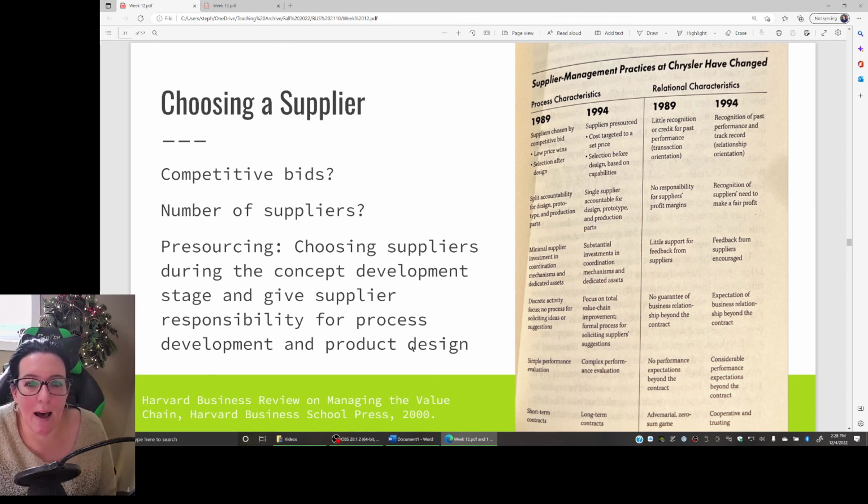Then they had systems that were much more relation-based in terms of the supplier, much more like the Toyota production system in terms of that collaborative process. And so if you compare 1989 to 1994, what they saw is a great improvement in terms of their production processes, their performance, and they had those long-term cooperative agreements.